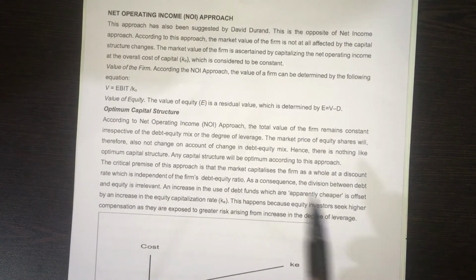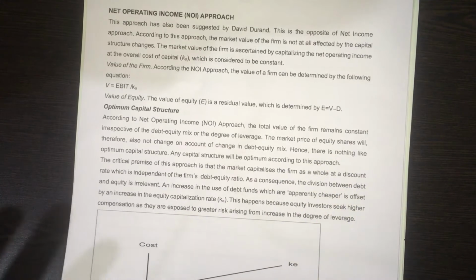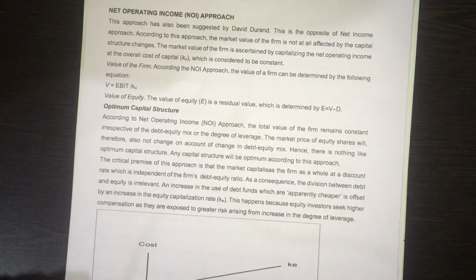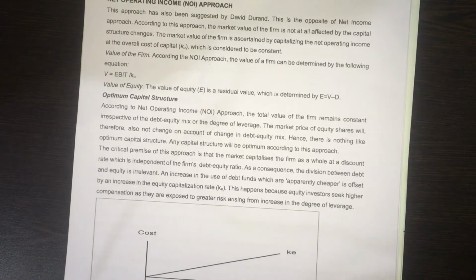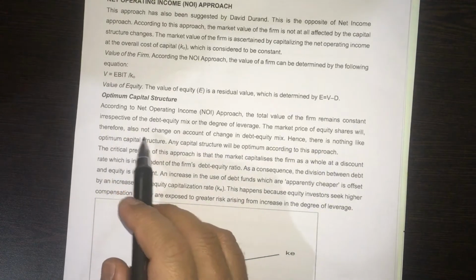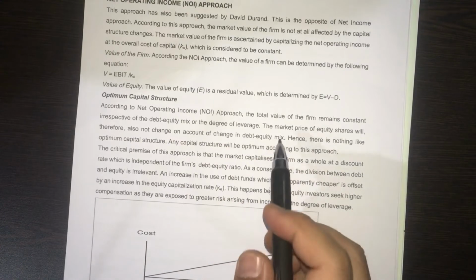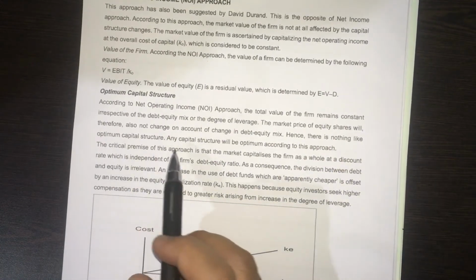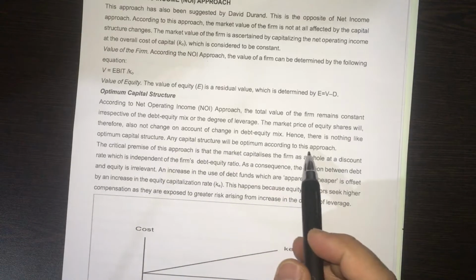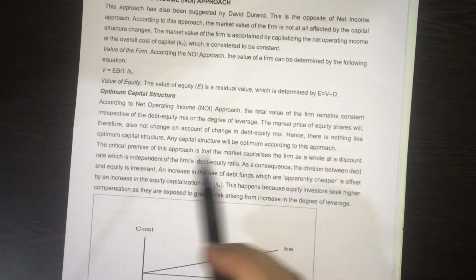According to the net operating income approach, the total value of the firm V remains constant irrespective of the debt equity mix. So the market price of equity shares will also not change on account of change in debt equity mix. Hence, there is nothing like optimum capital structure. Any capital structure will be optimum according to the NOI approach.